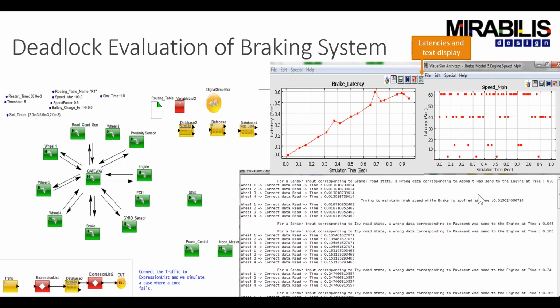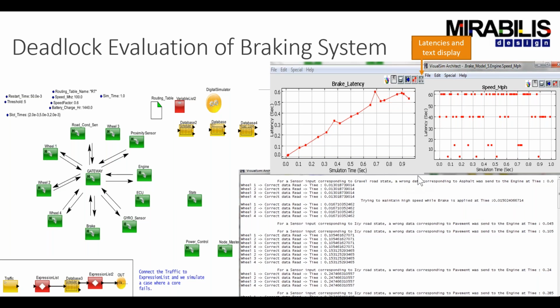It could be that the data was delayed, or the data itself was incorrect. As a result, we ended up accelerating the vehicle and maintaining a high speed. Another option is where we looked at only the proximity sensor, which had higher priority, and the manual braking had lower priority. While the user was trying to brake, we ended up trying to maintain a high speed.